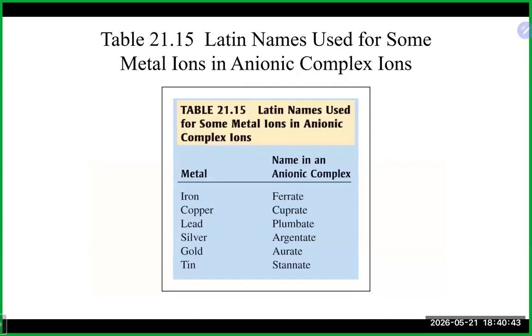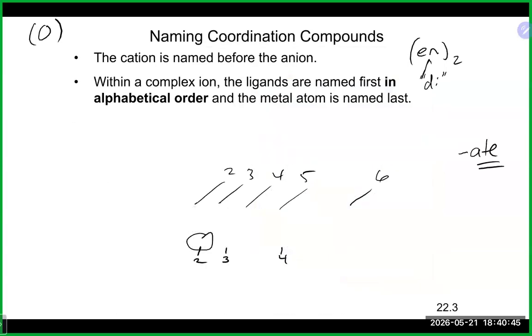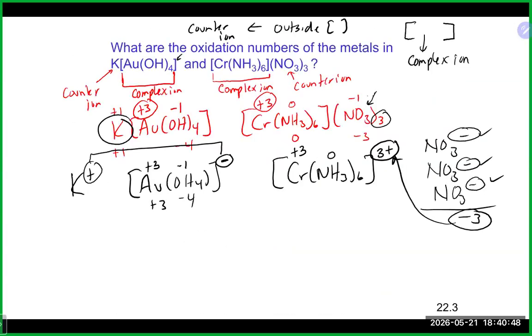So let's take a look at those two that we looked at to see how we go about naming these. Let's take the first one here, which is KAu(OH)4. The way that we name this is, again, always the positive ion first and then the negative ion. We've already done the work to figure out what everybody's charge is.